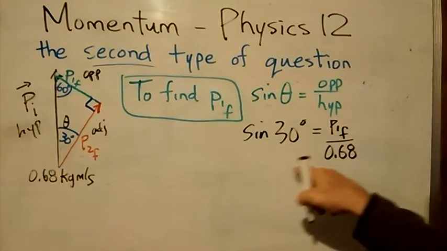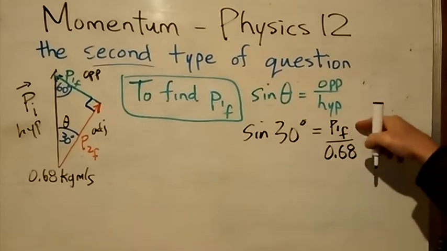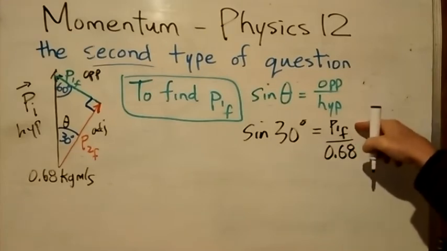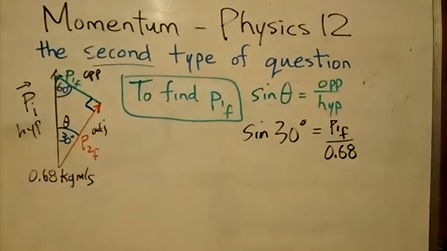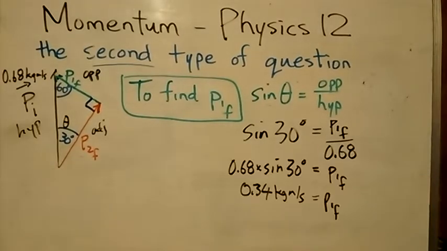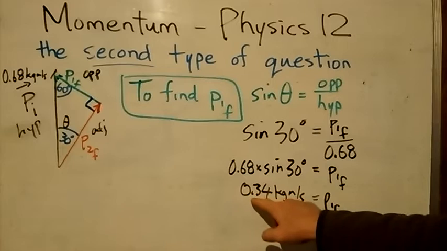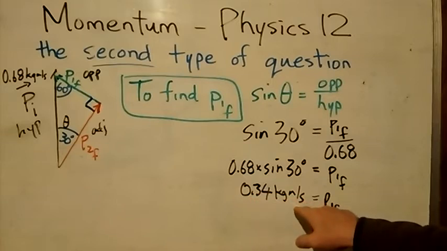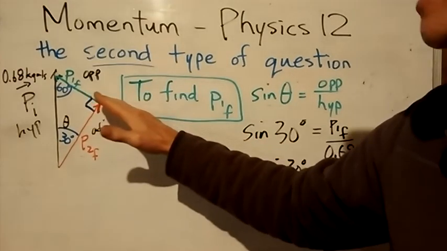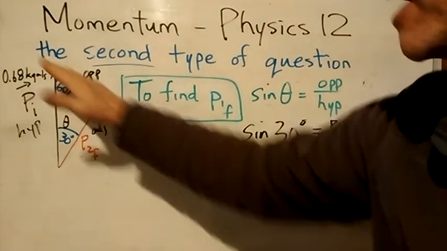It's in kilogram meters per second, so my P1 final will be in kilogram meters per second. It will be a momentum. I get P1 final is equal to 0.34 kilogram meters per second. Now I'm not looking for just the momentum. I'm looking for what the velocity of M1 is.